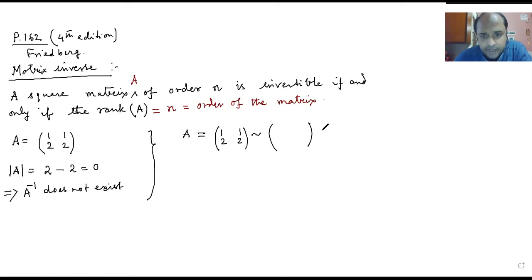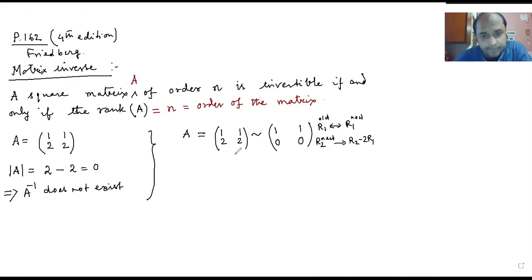If I apply row operations, I can keep row 1 of the old matrix the same as row 1 of the new matrix. R2 new can be written as R2 minus 2R1. If I multiply the first row by 2, then we get 2 and 2, and 2 minus 2, that is 0, and 2 minus 2, that is 0.